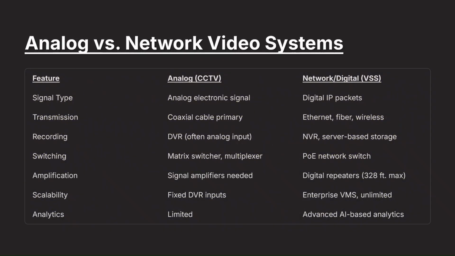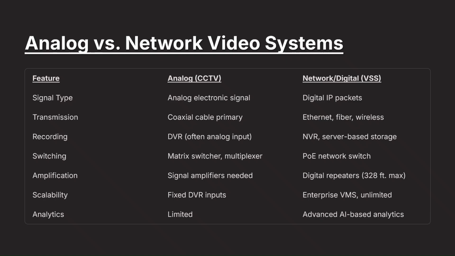Video surveillance systems can be either analog or network-based. Analog systems use traditional coaxial cables and record video on DVRs. They are simpler and more cost-effective, but offer limited scalability and analytics capabilities. Network or digital systems transmit video as data over IP networks and use NVRs or cloud storage.